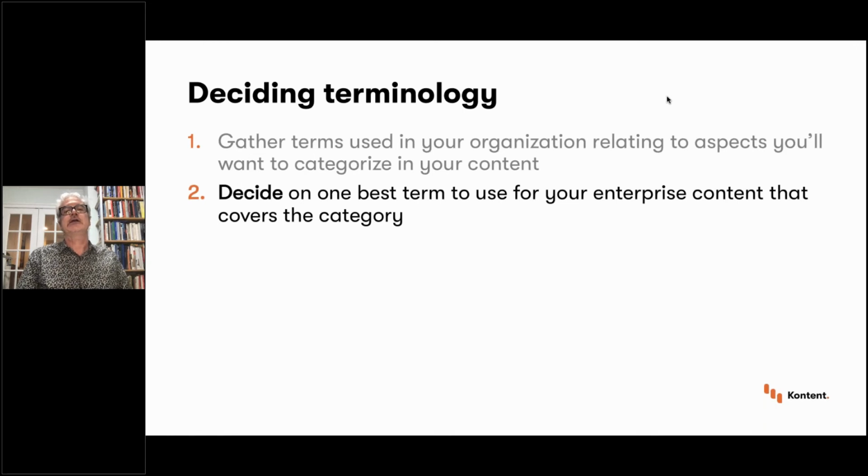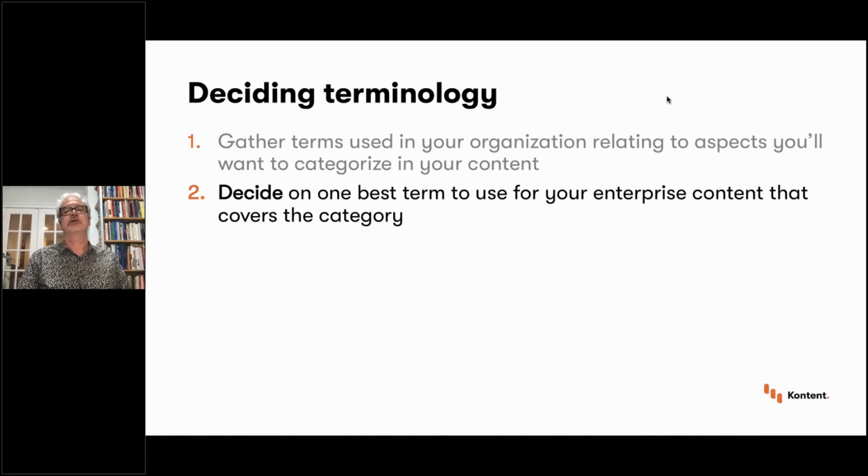And then you want to decide one best term to use for your enterprise content. Now, the goal here, again, is to standardize the term, so it reduces the ambiguity. Everyone can use one term, and it's going to make this much more efficient to identify our content items when we have a single term used.